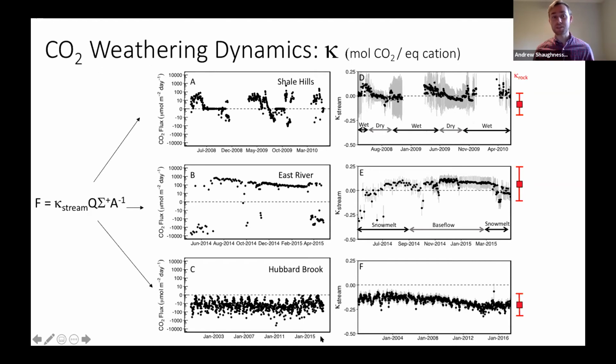We could also do this with kappa rock. However, we would need to know the erosion rates of the basins, because the long-term flux of CO2 would be kappa rock times the erosion rate times the density of the bedrock times the concentration of cations in the bedrock. So, just to not complicate things, I didn't go too much into that, and some of these catchments don't have erosion rates reported for them.